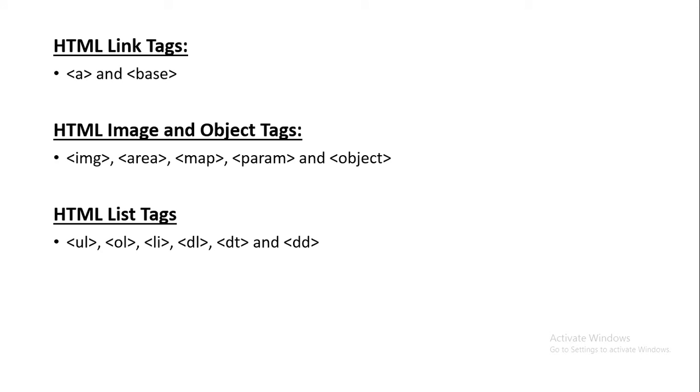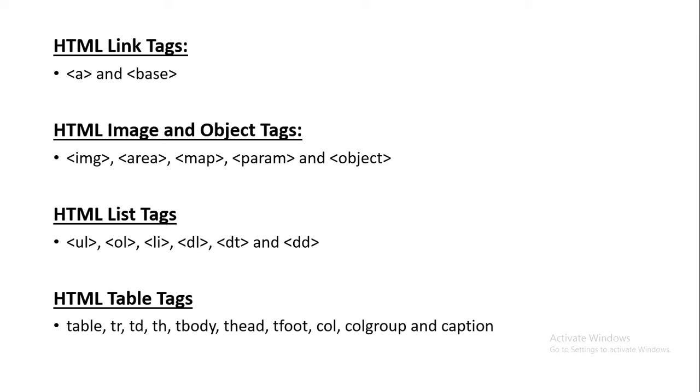Next, we have HTML list tags, like listing. How can we list something, like 1, 2, 3? We have ordered lists, unordered lists, and a lot of listing tags.